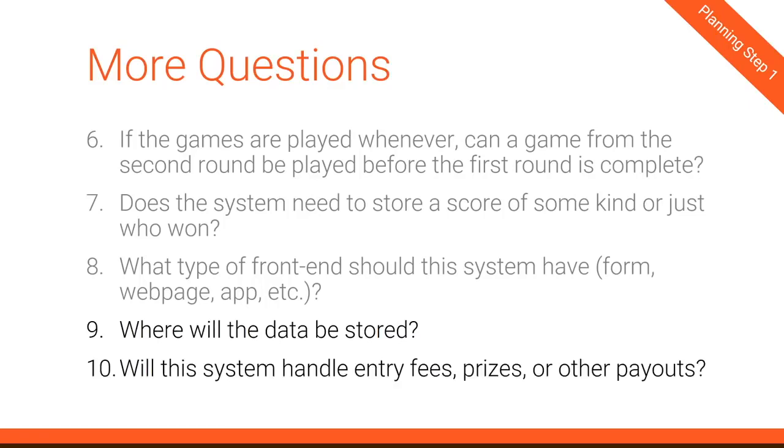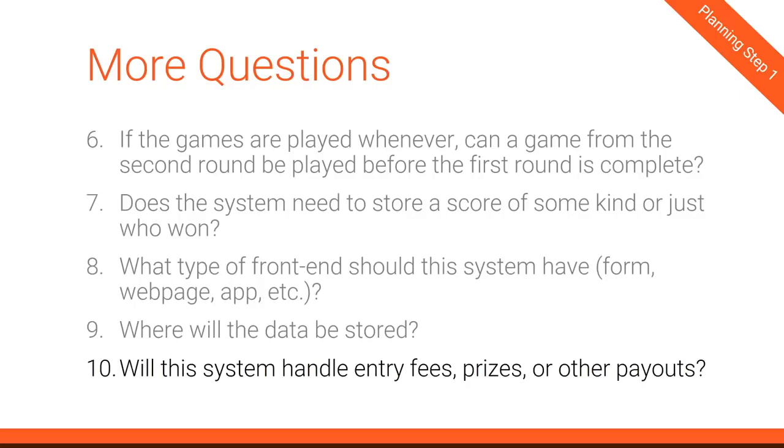All right, next question. Will this system handle entry fees, prizes, or other payouts? Usually when you have a tournament, you have some type of reward. Now maybe that reward is just, hey, you won, but maybe it's something more substantial. For example, if every player paid $10, then the winner could have, say, half of the overall income from the tournament.